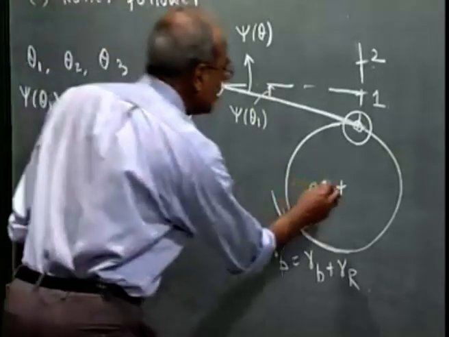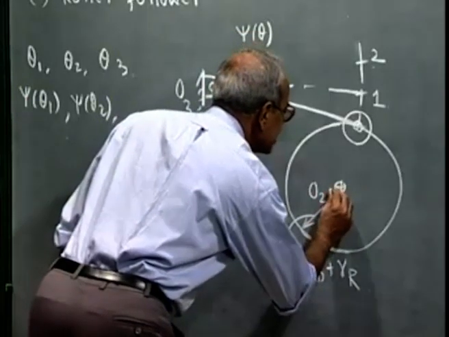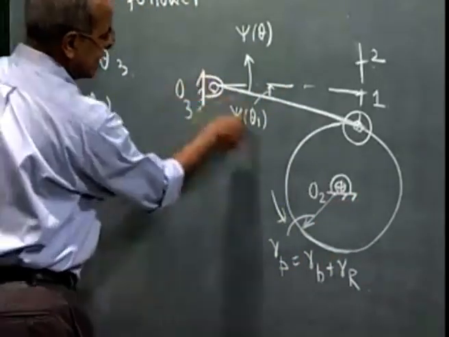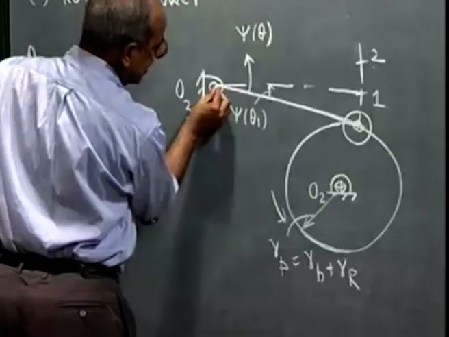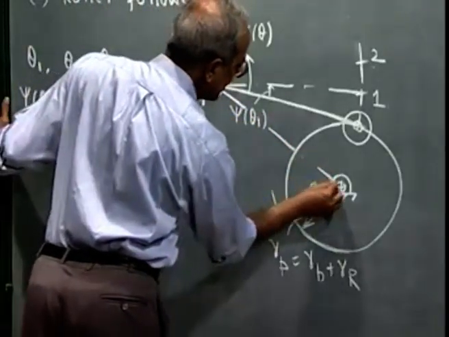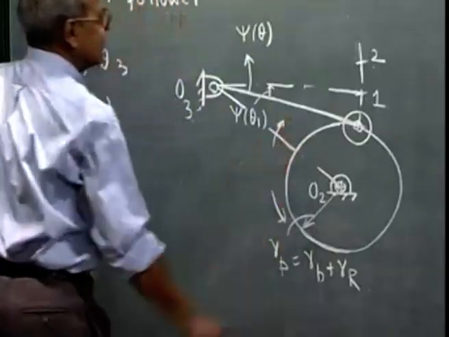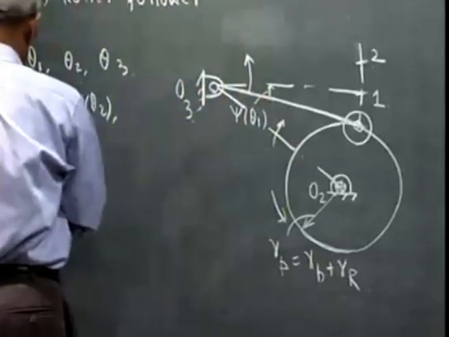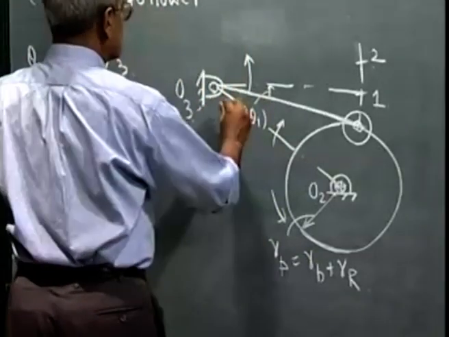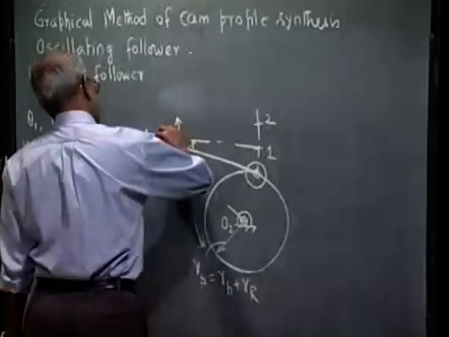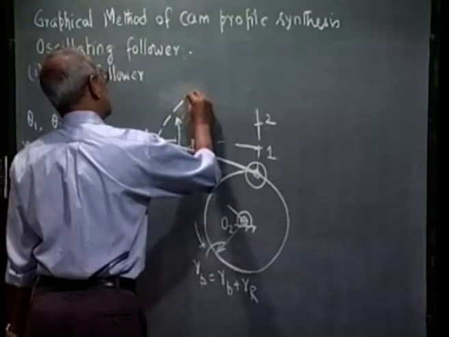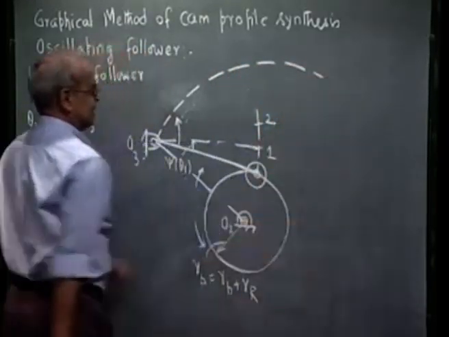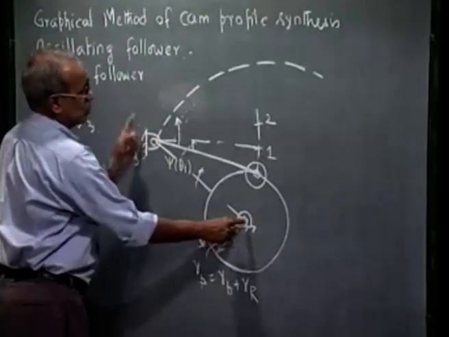Now, as before, we make a kinematic inversion. To draw the cam profile, we hold the cam fixed, which means this fixed link O2 O3 has to rotate in the clockwise direction. So corresponding to station point 1, the inverted position of O3 lies on this circle with O2 as center and O2 O3 as radius.